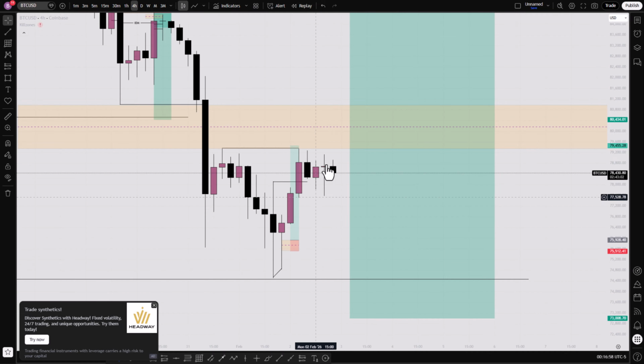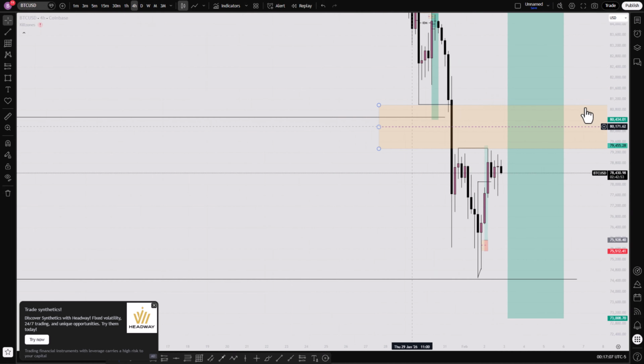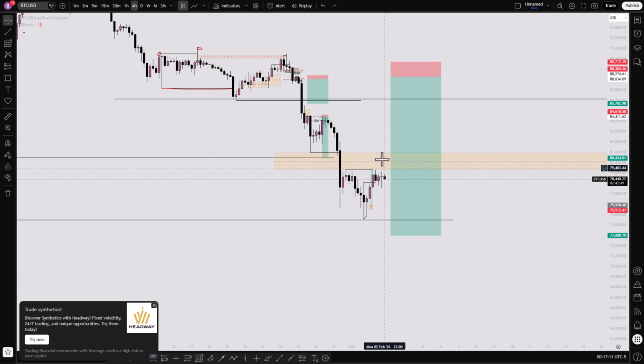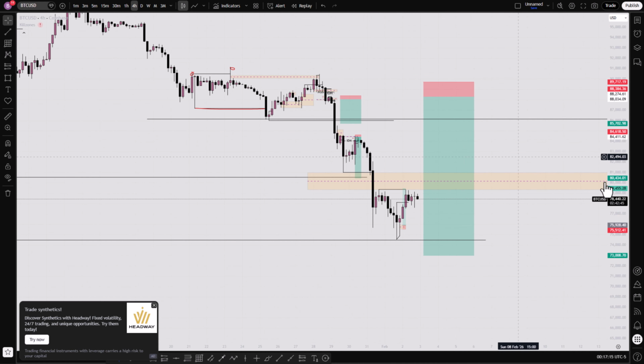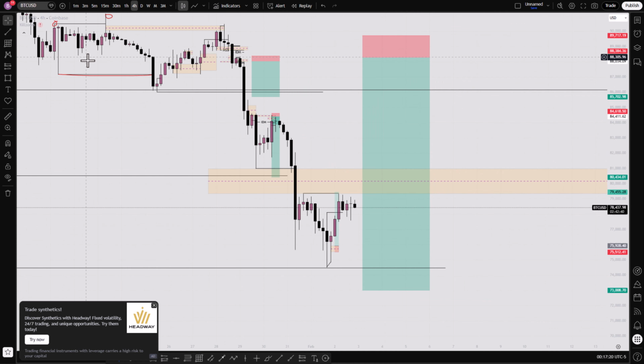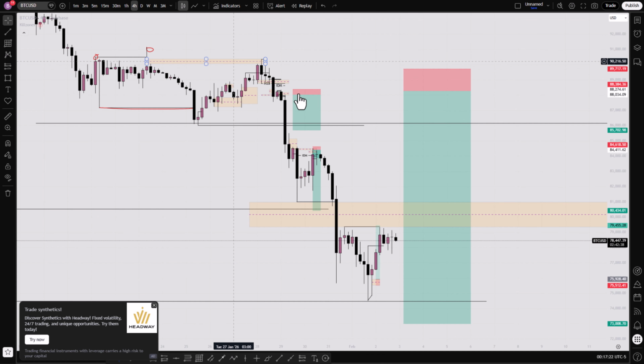But if price does not enter this fair value gap, I want to see more bullish prices from this fair value gap on BTC. But as we speak, BTC is still bearish. So this fair value gap is the point where I want to sell on BTC. If you want me to make a video on entry confirmations on this BTC, I will make a video on it.